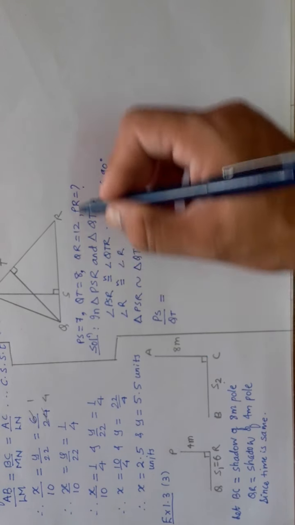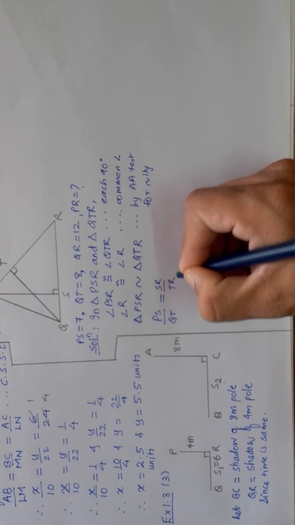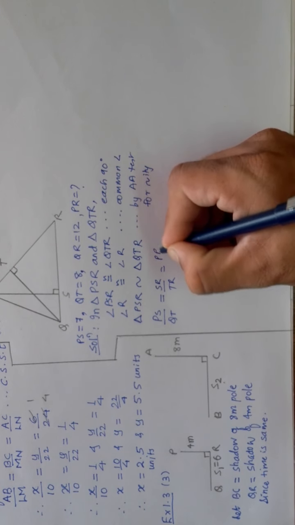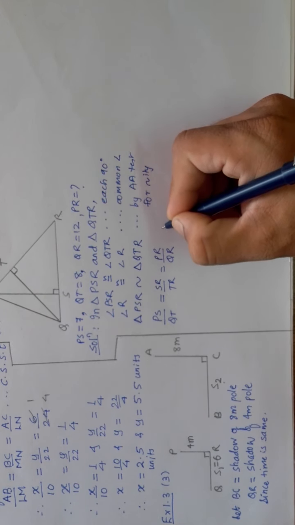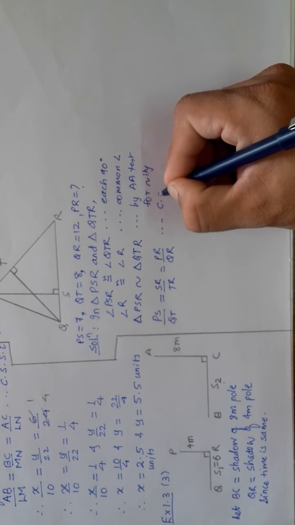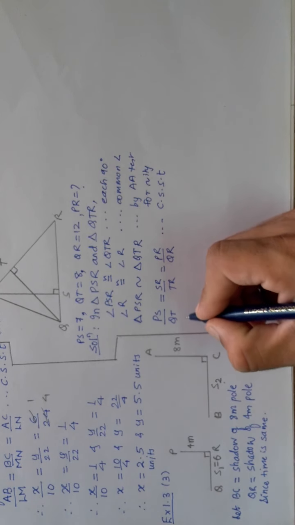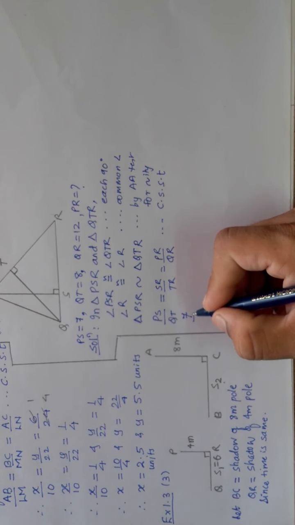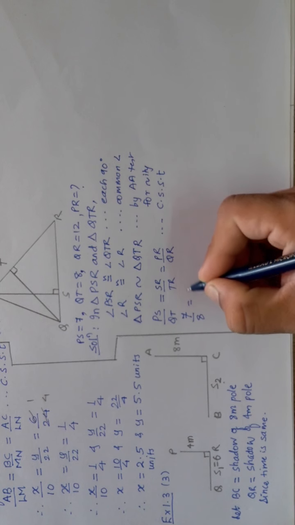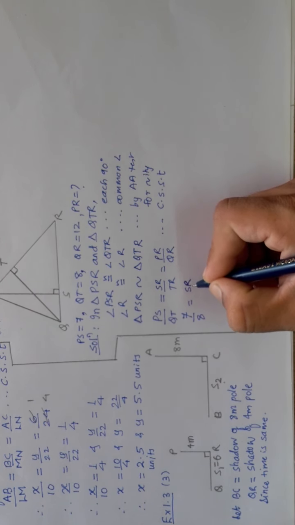But is SR mentioned here? Let me write: SR is to TR is equal to PR is to QR. Remember, first second, second third, first third, and I have explained to you what this is already. These are corresponding sides of similar triangles. So let me input the values. Now PS is how much? 7. QT how much? 8. SR known? No. TR known? TR not known.